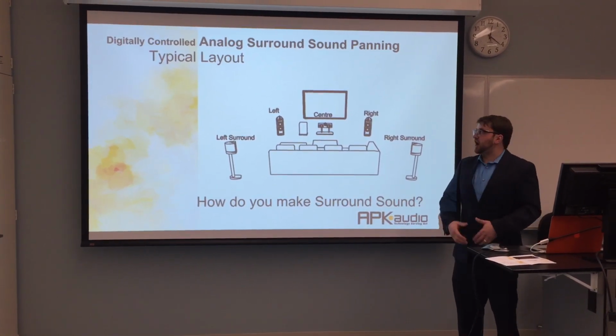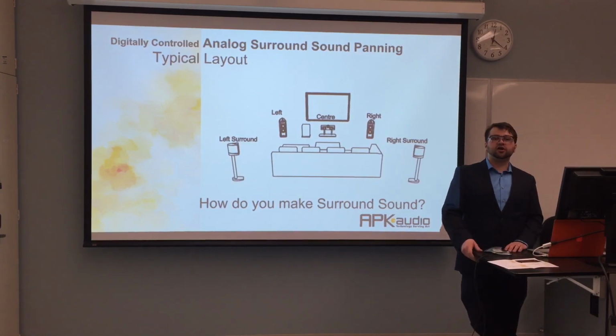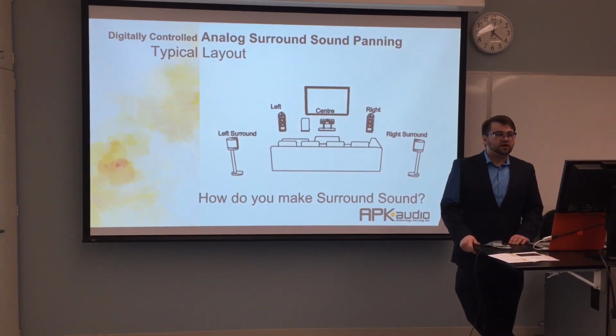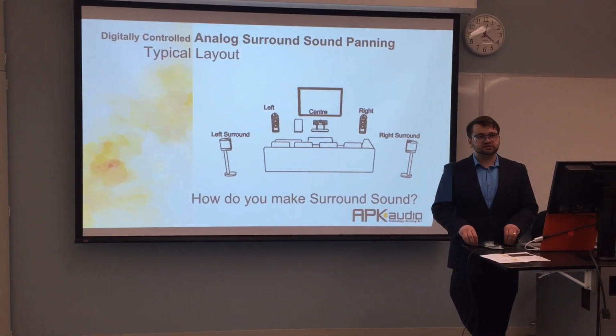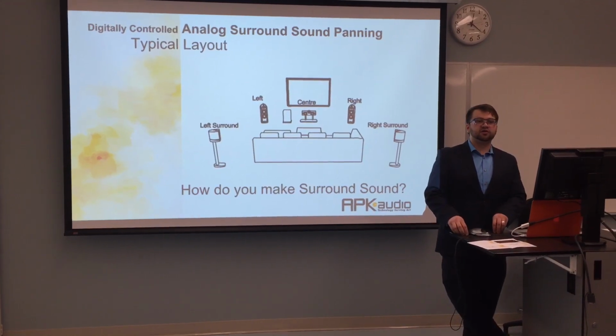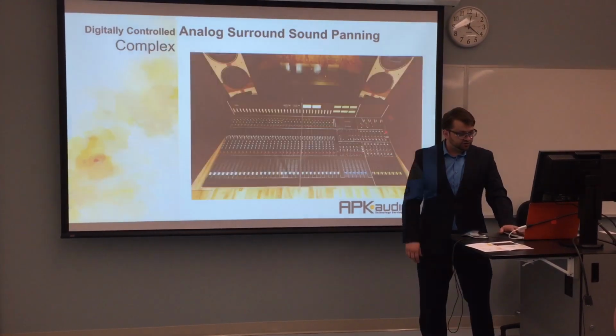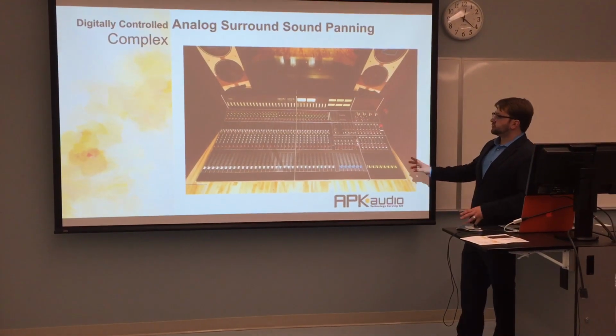So I asked, how do I make surround sound? Let's call it on the cheap, or in a way that nobody else has ever done. My background in electronics is mainly recording studios, mixing consoles, and environments of production. One of the projects we worked on was a console from scratch.